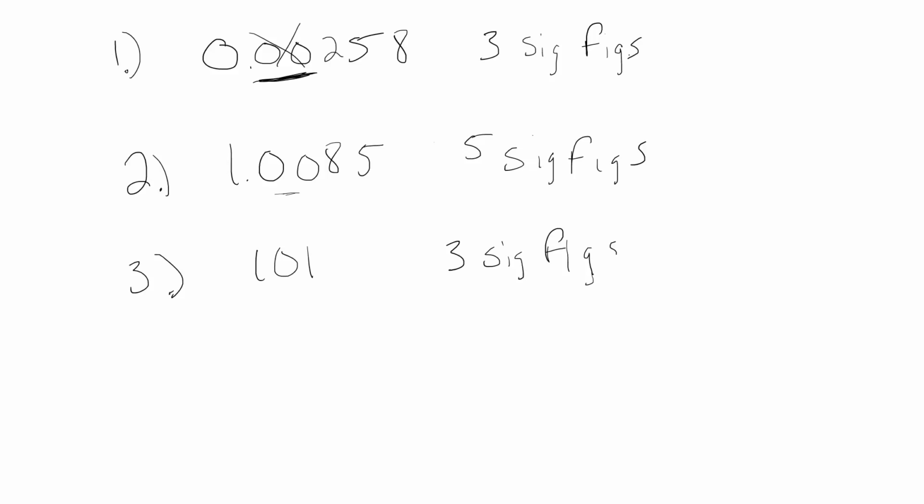Now, in another scenario, there will be several, I have 1.00. We need to think about this. There are only zeros, not capped off with a non-zero number. So are these significant? The answer is yes. There are actually 3 significant figures in here.